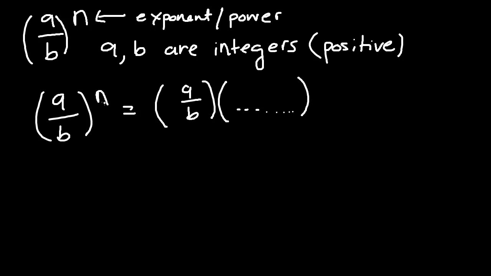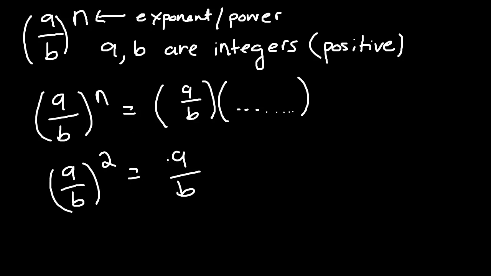So for example, if n is 1, your answer is just going to be a over b, okay. However, if n is 2, your answer is going to be a over b times a over b. So you basically multiply a over b by itself by whatever n is, okay.